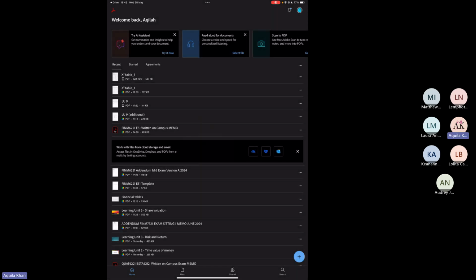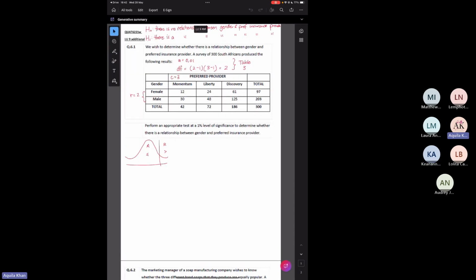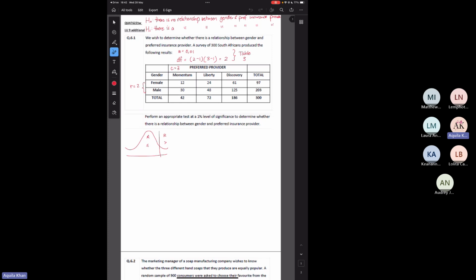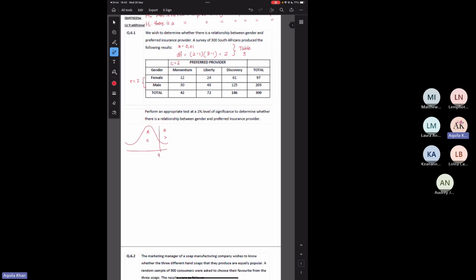Let's open that up again. Oh, yay, it saved that work. Okay, cool. So let's look at that on the diagram. That's 9.210. So all we're going to do now is write this out in words in exactly the same way that we did with Learning Unit 8.